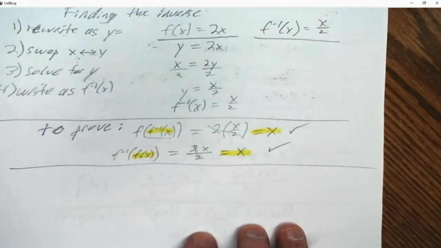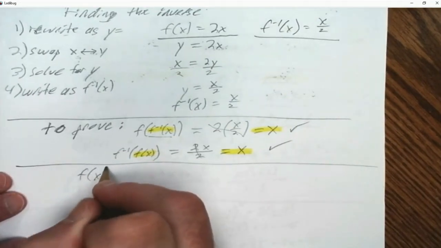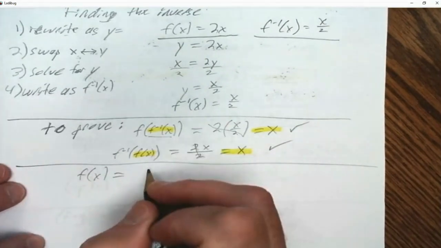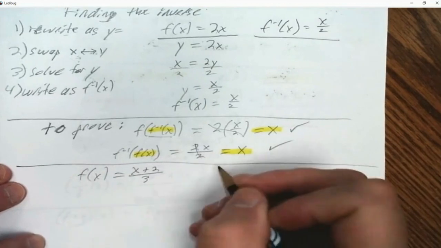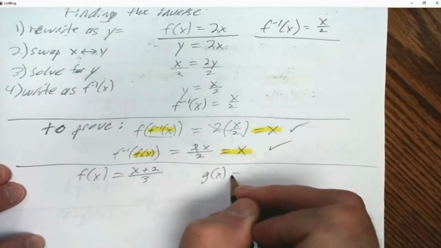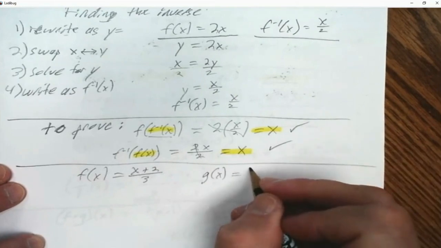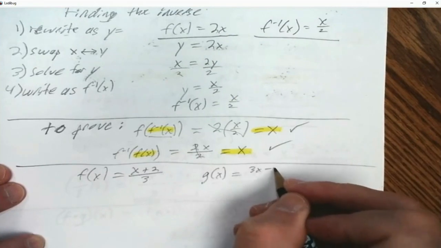Usually what you'll see is they will say, okay, this is f of x, and let's say it is x plus 2 divided by 3, and this is g of x, and it is, let's see, 3x minus 2.